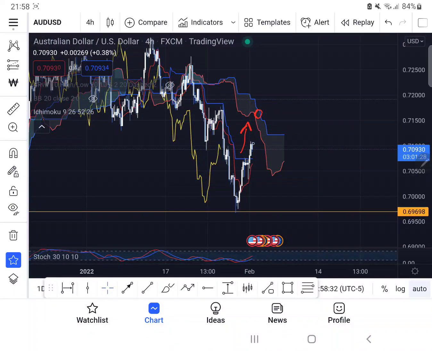It can break the cloud, and also the yellow line is moving up to point to the cloud. A golden cross will also happen in the 4-hour time frame, so we can tell about the AUD USD for now. We will just stay away from this pair.